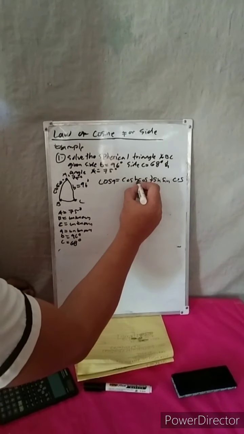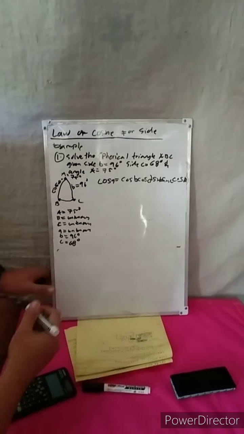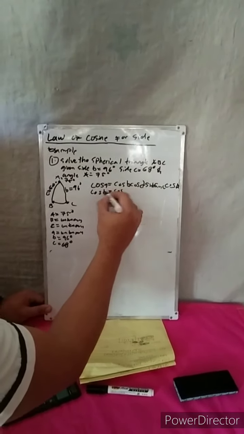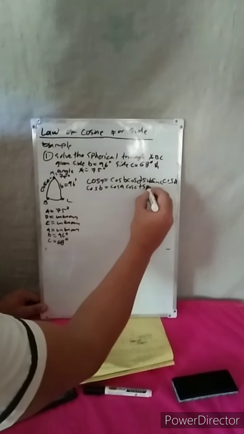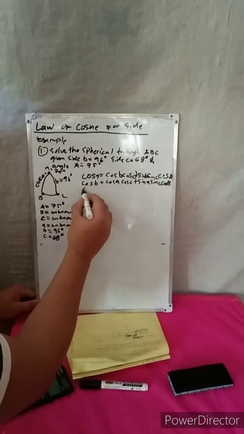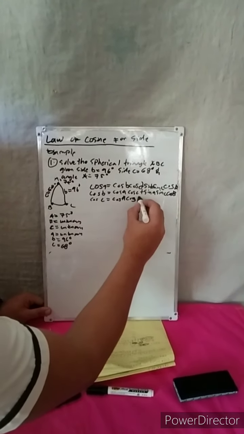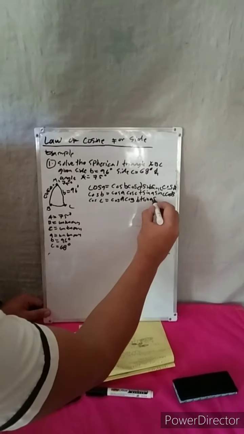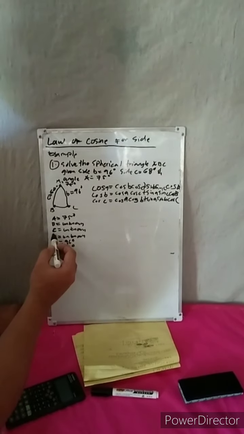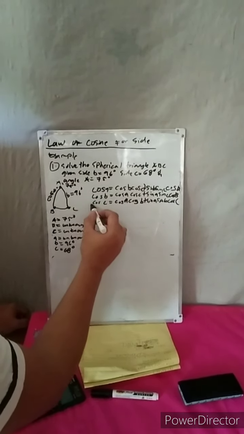Cosine A B C angle A. Cosine B was cos sin A cosine C plus sin A sin C and cosine B. Then cosine C was cosine A cosine B plus sin A sin B and cosine C. So tungod nato pangitaon ang side A, ang ato nga gamiton mao ni ang una nato nga equation.